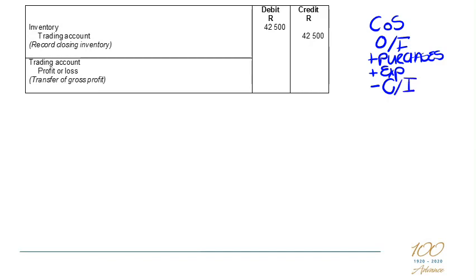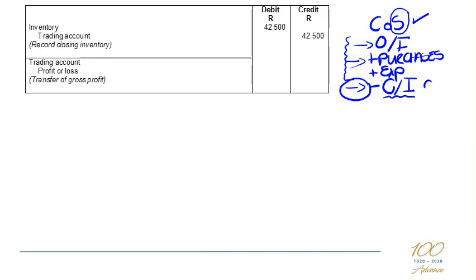Remember, I didn't keep track of what I sold, cost of sales. But if I know what I started out with, opening inventory, plus I know what I added, purchases, minus what I saw with my eyes again, the difference between available for sale and what I have left will give me what I sold. That's why we go into this calculation.